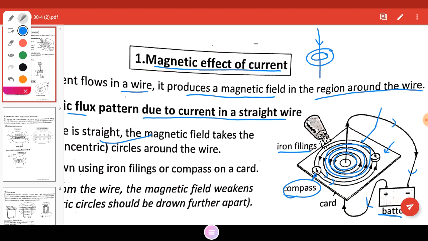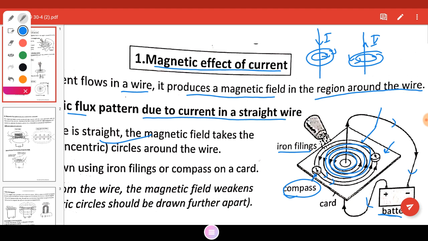If the thumb points to the direction of the current, the other fingers will point to the direction of the field. This means that when the direction of the current is reversed, the direction of the magnetic field is reversed.